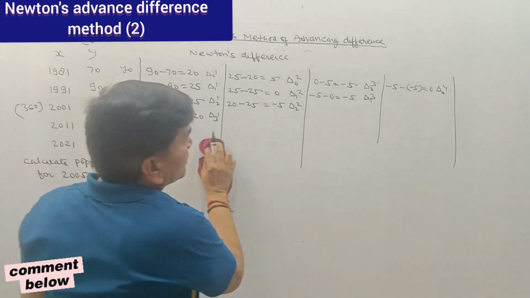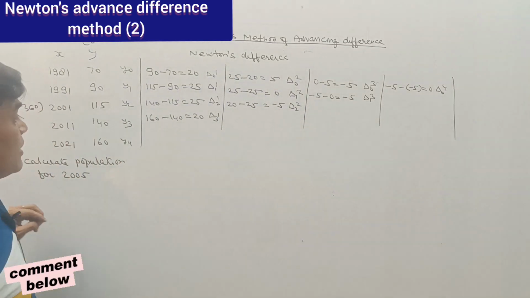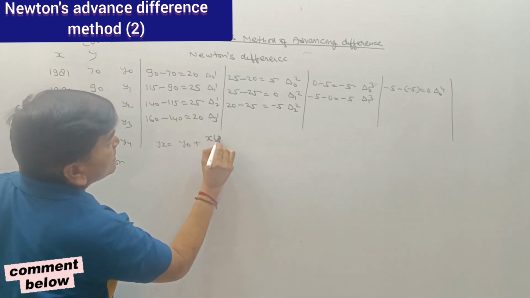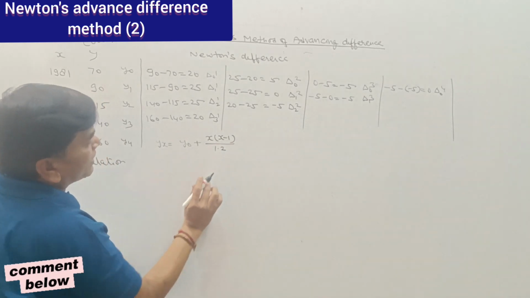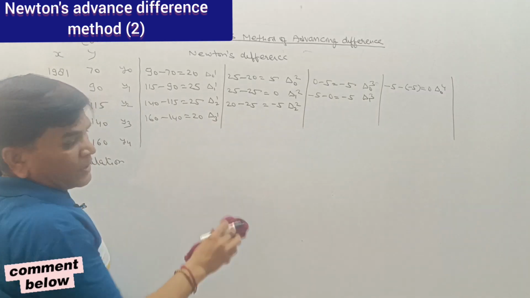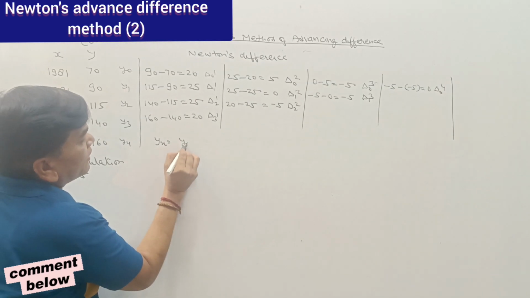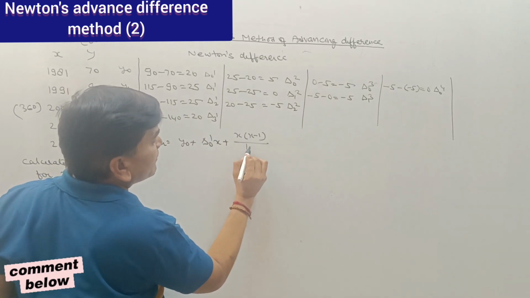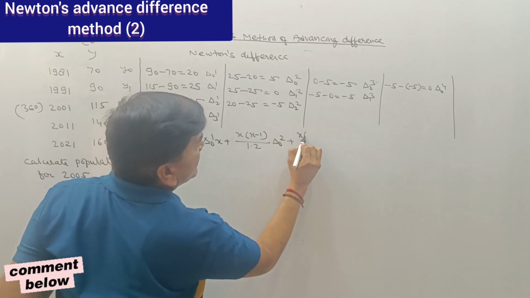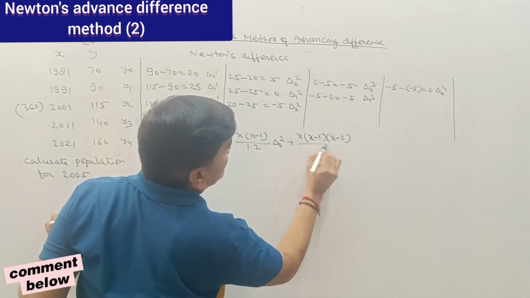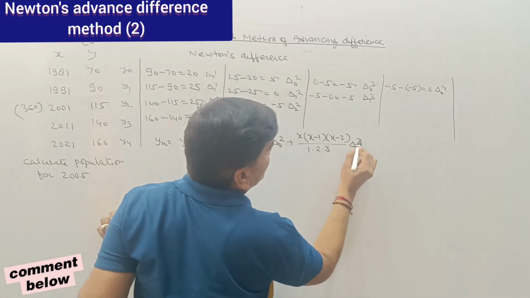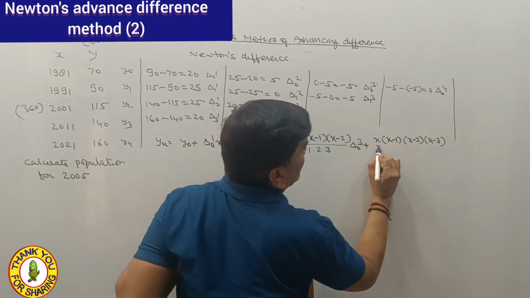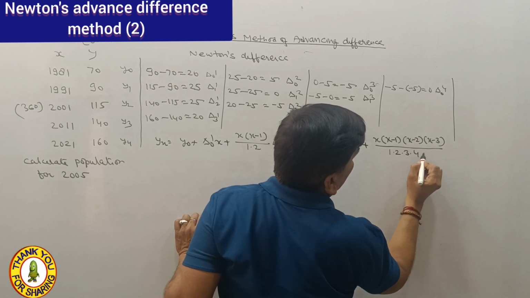Now the formula for Newton's difference method: yx is equal to y0 plus x delta 01, plus x times (x minus 1) divided by 1 multiply 2 delta 02, plus x (x minus 1)(x minus 2) divided by 1 multiply 2 multiply 3 delta 03, plus x (x minus 1)(x minus 2)(x minus 3) divided by 1 multiply 2 multiply 3 multiply 4 delta 04.